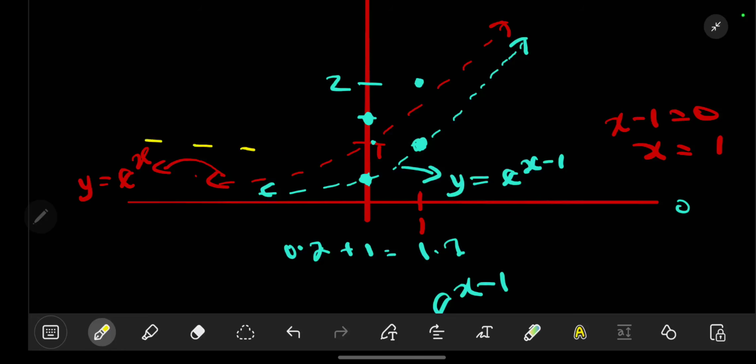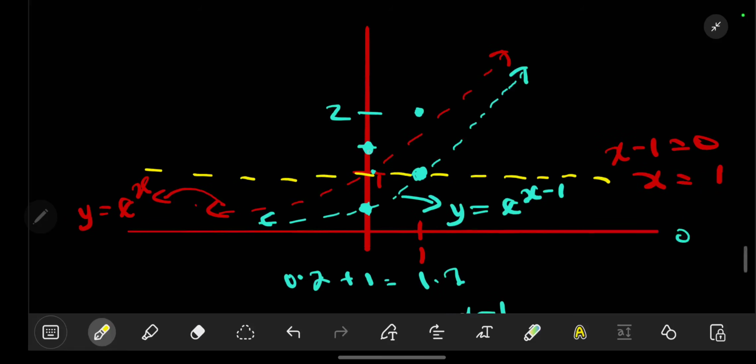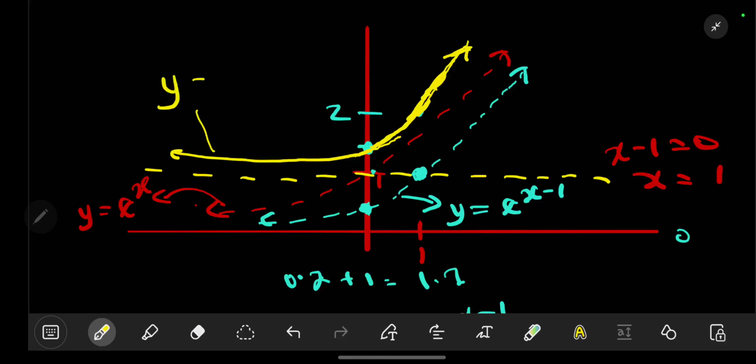So we are going to have something like this, then it's going to pass at 2, like that. So we have y equals e to the power of x minus 1, plus 1, like that. So that is that equation. That is how you graph these equations.